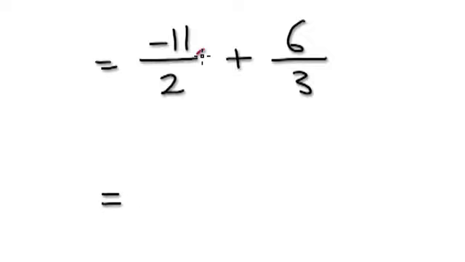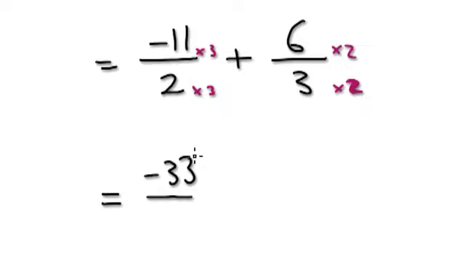So now there are easy ways, but let's just do it this way. Times top and bottom by 3, times top and bottom here by 2. Okay? So that would be minus 33. This 2 times 3 is 6. Plus, well, 6 times 2 is 12. Yeah, I'm doing this the long way, sorry.